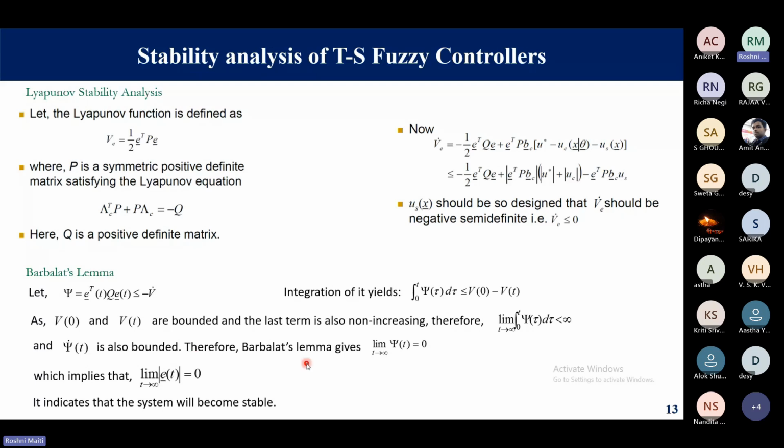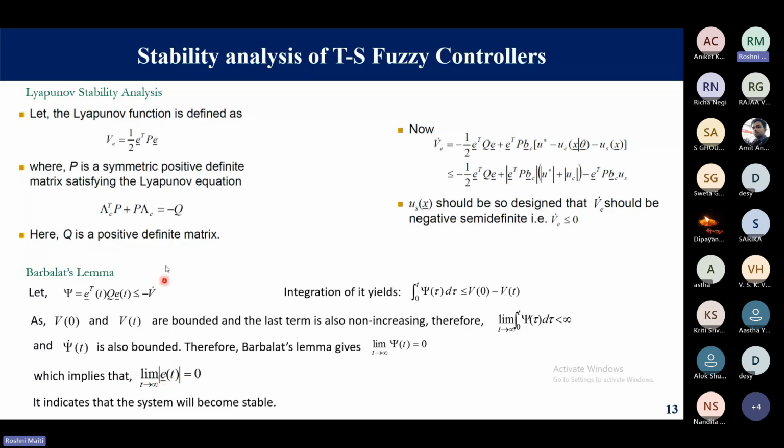And from this, we can say from Barbalat's lemma that limit t tends to infinity, psi t is equal to 0, which in turn implies that limit t tends to infinity, mod of et will be equal to 0, which indicates that our error will go to 0 as t tends to infinity.